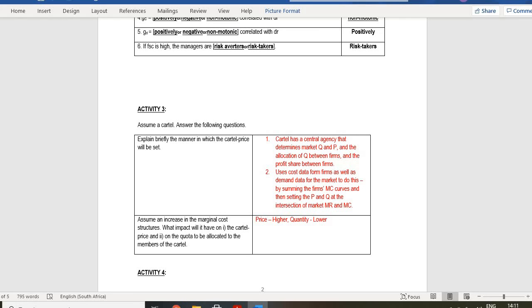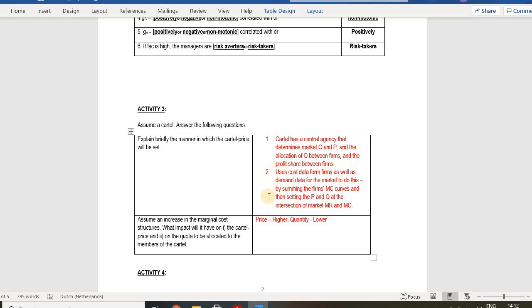So when firms form a cartel, their aim is to maintain high prices. Okay, so in a cartel, there's an agency that determines the quantity and price in the market. Therefore, there will be also allocation of quantity between firms, and the profits will be shared amongst everyone in that cartel.